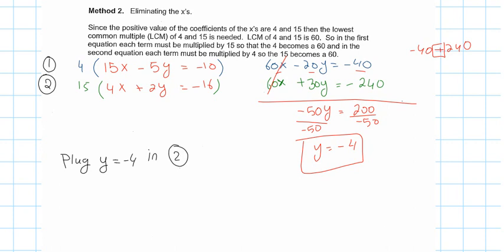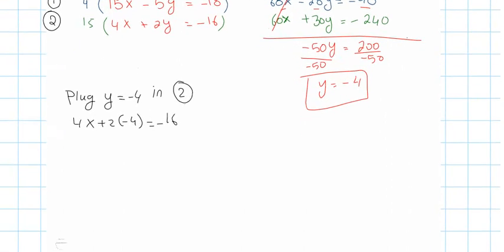So that's going to be 4x plus 2 times negative 4 equals negative 16. 2 times negative 4, that's negative 8. Bring the negative 8 over. It becomes a positive 8. And then divide by 4. So that gives you x equals negative 2.